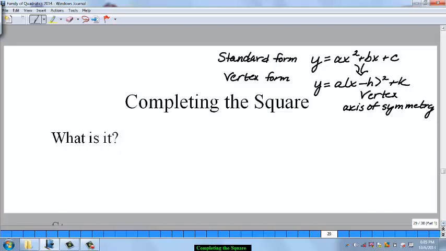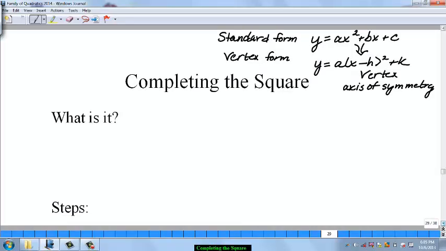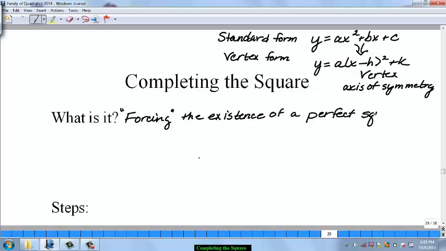So let's start out first with, what is completing the square? Well, basically, we're forcing the existence of a perfect square trinomial. What is that, you ask?